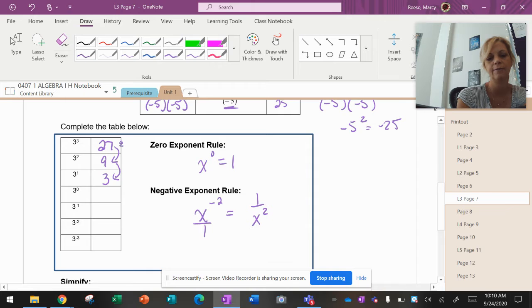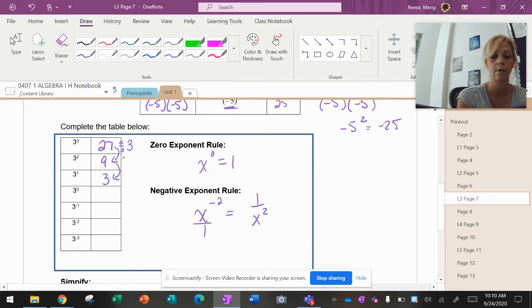Aren't I dividing out a 3? Like I am actually losing a 3. Instead of 3 cubed, now I got 3 squared, which means I'm dividing out 1 3 at a time, okay? So if I want to go from 27 down to 9, I would do 27 divided by 3. I'd get 9.